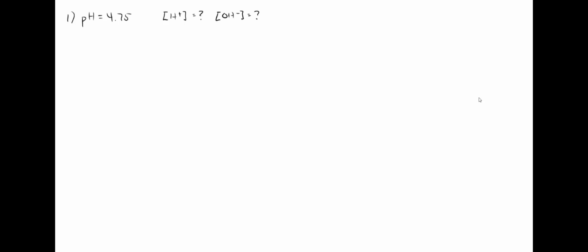So we have to find the right equations to use. We're given the pH of 4.75. Remember that the proton concentration is just the antilog of the negative pH.